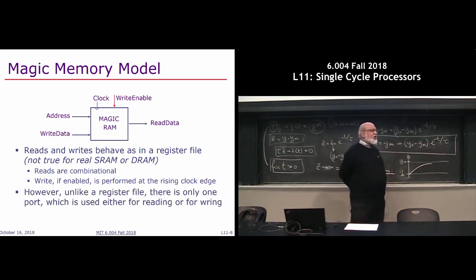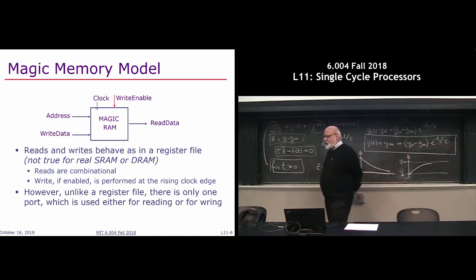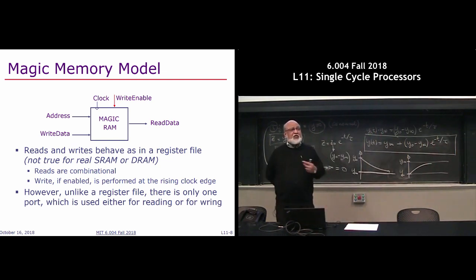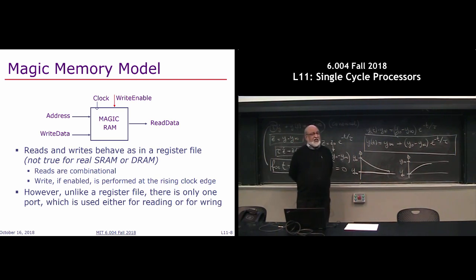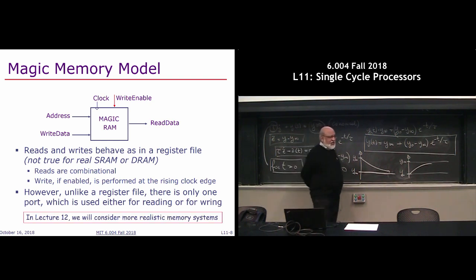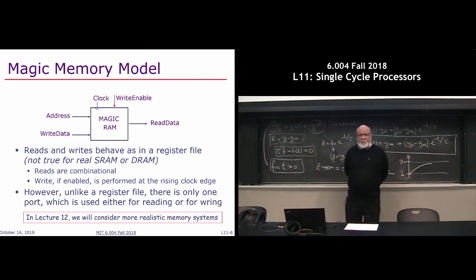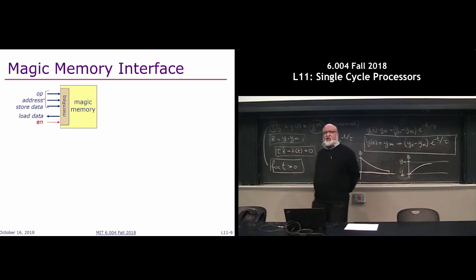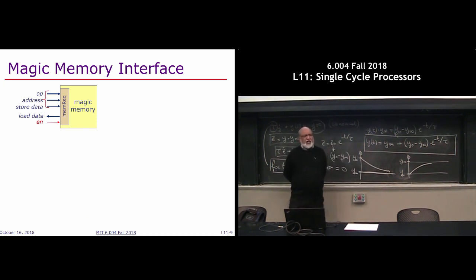The only difference here is a register file had 3 ports, 2 read ports and a write port. Here, this whole system has only 1 port. So all the reads and writes go through the same port, which means the interface of it looks somewhat different. All right, so let's look at the interface of this thing. You have an op, which specifies whether you want to read or write, load or store.